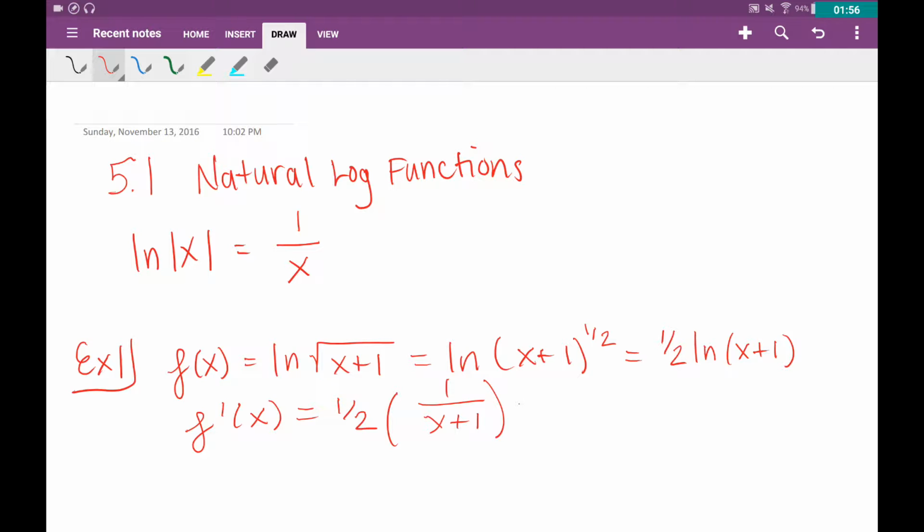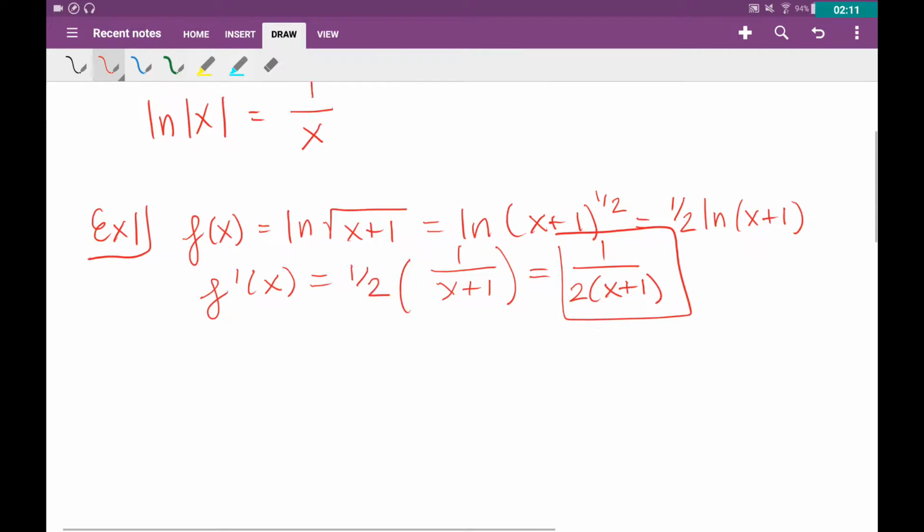Now when I multiply these together, I get 1 over 2 times x plus 1. And that's it. So we're just going to use the expanding and condensing rules in order to find derivatives now.